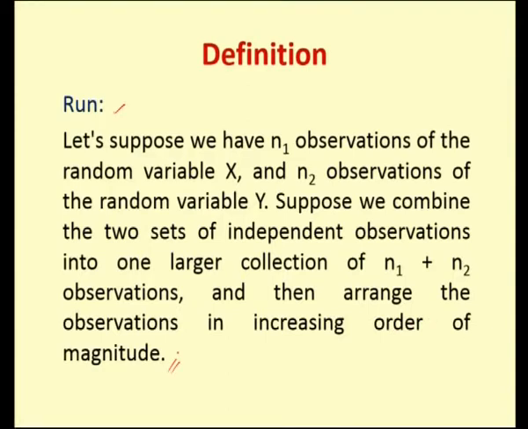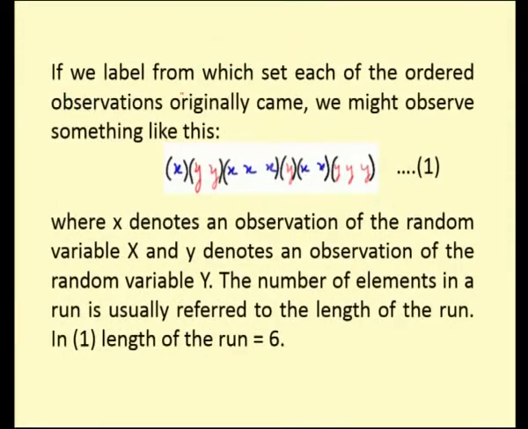That will give you the run. If we label from which set each ordered observation originally came, we might observe something like this.